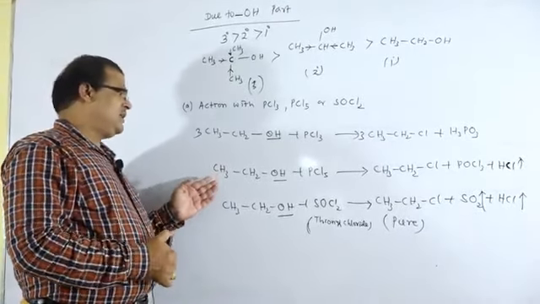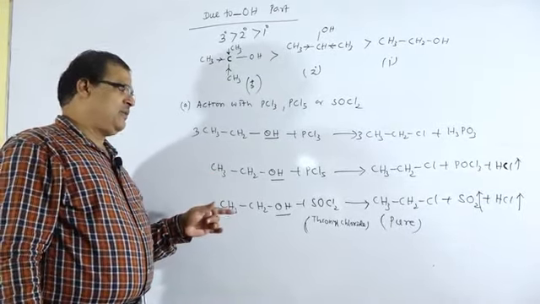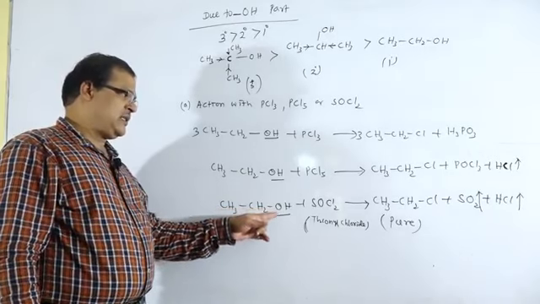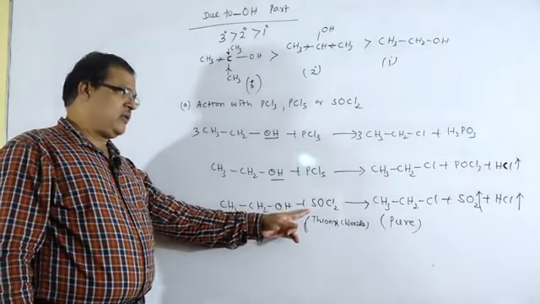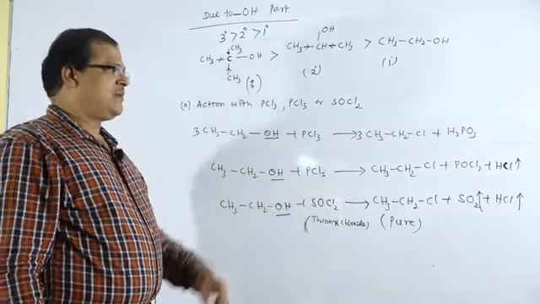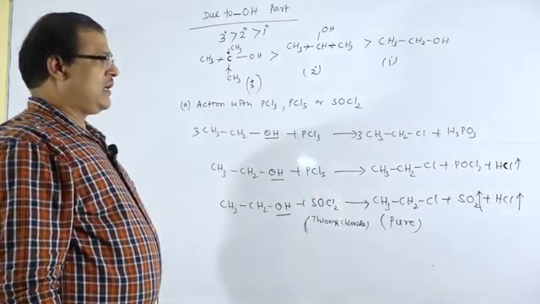So in this case, pure ethyl chloride will be formed. CH3CH2OH treated with thionyl chloride gives pure ethyl chloride.